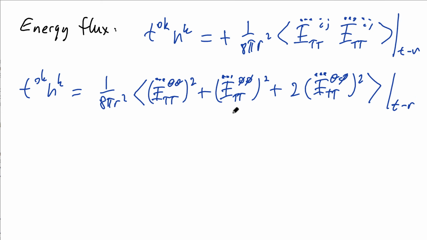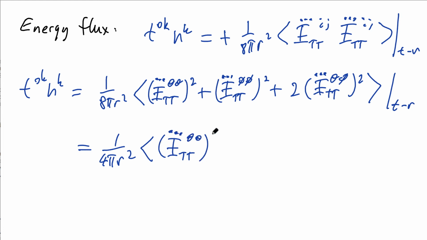Now because the phi phi component of I bar TT is just minus the theta theta component, these two terms are actually the same, and we can write this result as 1 over 4 pi r squared times the average of I bar TT triple dot theta theta squared plus I bar TT triple dot theta phi squared.